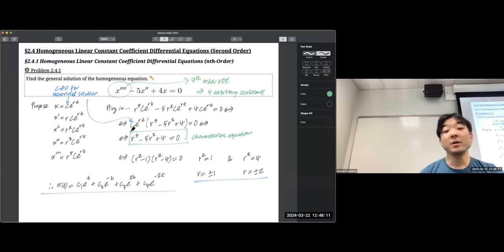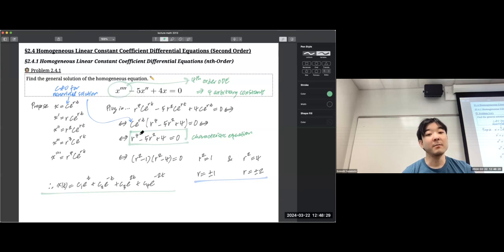Now, you don't have to do all this. This is a pain, right? To do e to the rt, r squared, r to the fourth and all that. There's a pattern that is exactly what we saw before. When we see an equation, the power on the r is the order of the derivative.